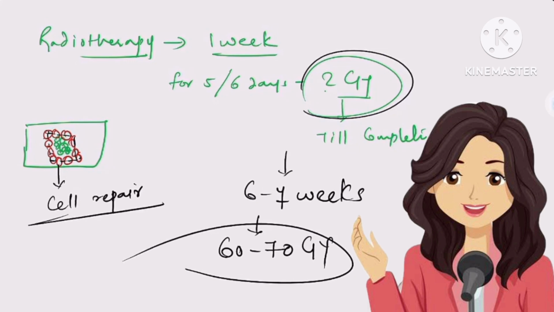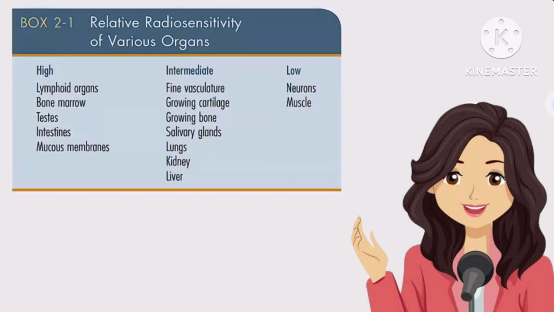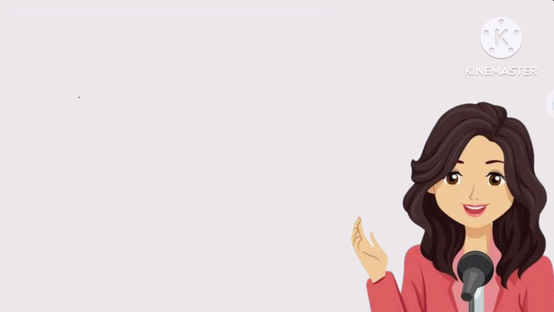Now there are some side effects of radiotherapy, starting from the oral mucous membrane. How will the oral mucous membrane be affected? After the second week of therapy, the radio sensitivity of cells depends on the dividing capacity also.